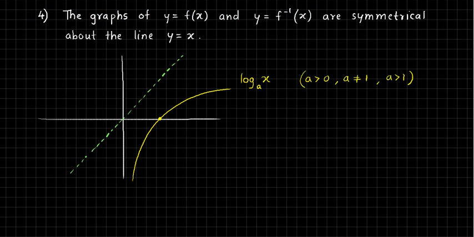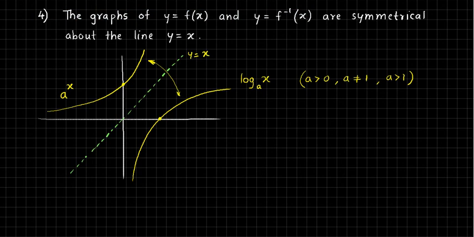So therefore here we will get the exponential function like this. So here you will have the exponential function a raised to x for the same value of a, and you will see that these two graphs are mirror images of each other in the line y equal to x, right? So this is a very important fact regarding inverse functions, right?